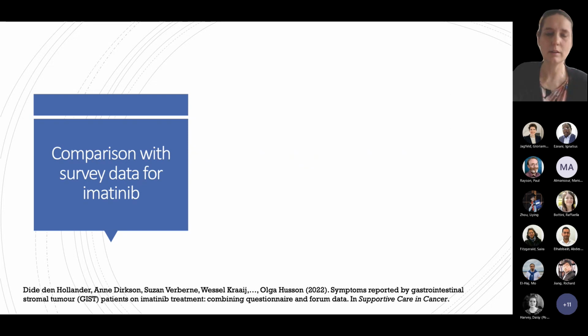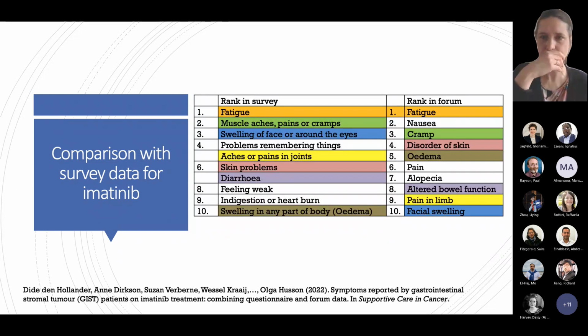So what we did, we had access to a previous survey that was conducted among GIST patients about the side effects. We didn't only look at the side effects that we extracted independently of other information, but we compared it to information from the survey data, so that we could find out if we find other information in the forum compared to the survey.